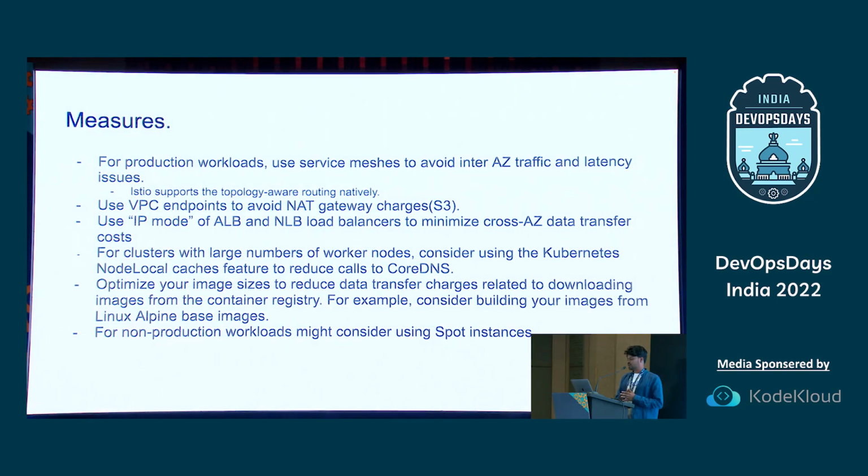That's one of the standard practices. And if you are running workloads for non-production systems, consider using spot instances. Spot instances are way cheaper than the on-demand instances, and that helps you in saving a lot of cost. Apart from that, you can also use savings plans and other cost-saving techniques provided by the cloud provider.